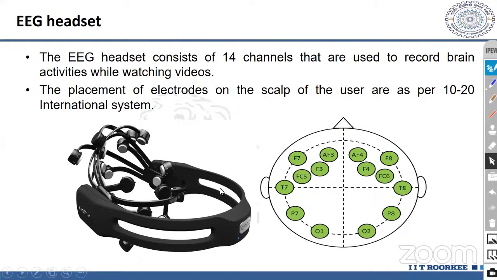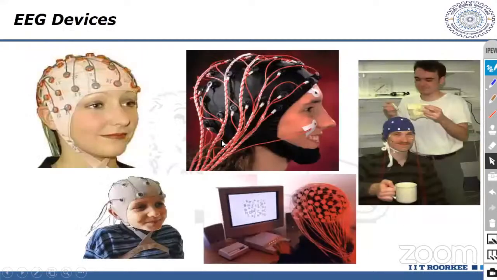When you place these on the skull, the head, these electrodes acquire the signal from the user. They will be placed like this, and from the brain these 14 channels will occur. This is a simple 14-channel electroencephalogram device.